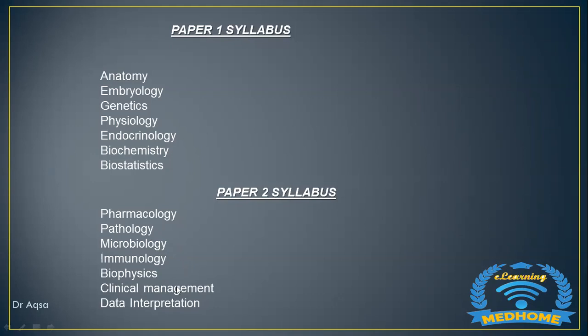Then come clinical management and data interpretation; around 10 questions come from these two modules. Definitely we'll be discussing ABGs, how to answer a report of electrolyte imbalance, or a report of full blood count. The tips and tricks we are going to discuss in those modules.